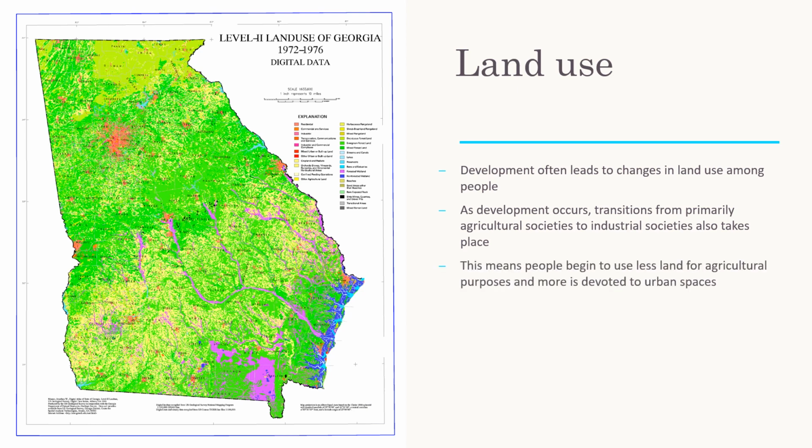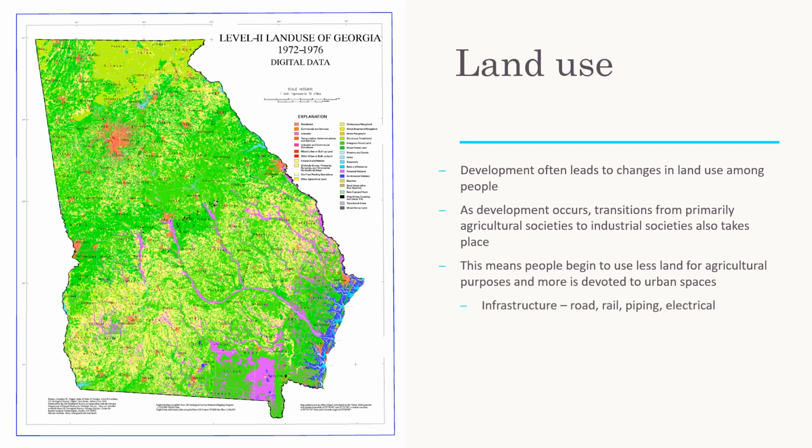We're going to use less land for agricultural purposes as we economically develop, and more of that land is going to be devoted to urban spaces, whether that is the construction of central business districts, urban hearths, or suburbanization and residential facilities for people to live in.